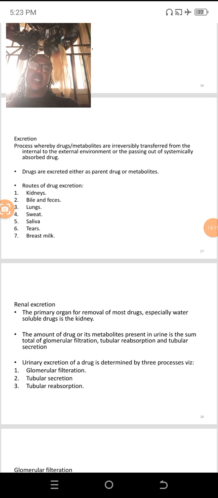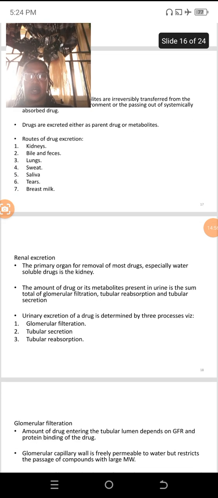Now, in considering excretion via the kidneys, we must remember that the amount of drug or its metabolites that are present in urine is the sum total of the glomerular filtration, tubular reabsorption, and tubular secretion, which are the three factors that determine the urinary excretion of a drug. Then, we should also note that the non-ionized acids and bases are reabsorbed in the proximal tubule of the kidneys.